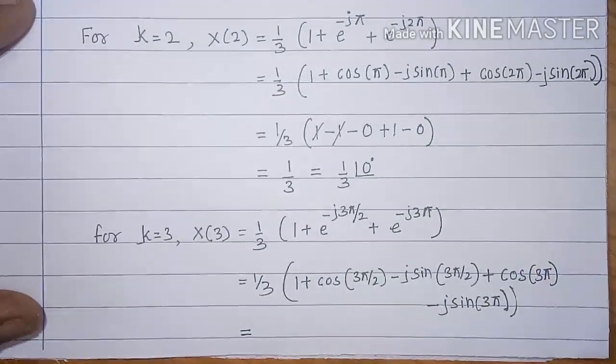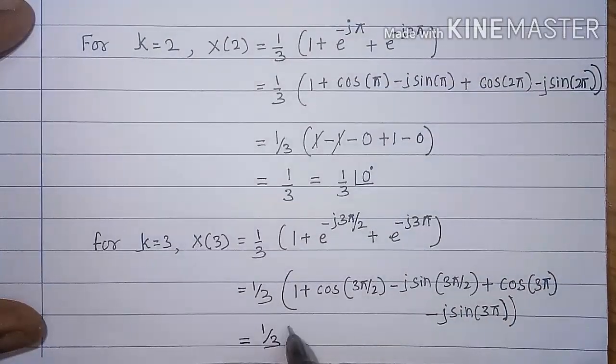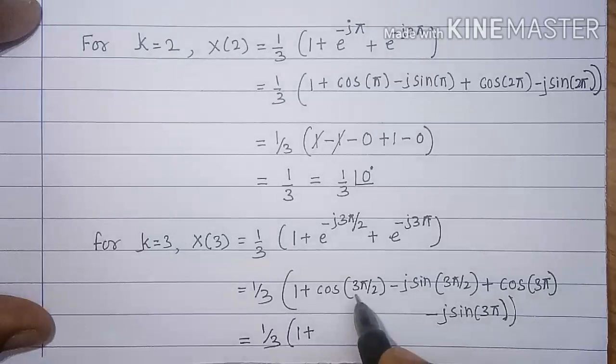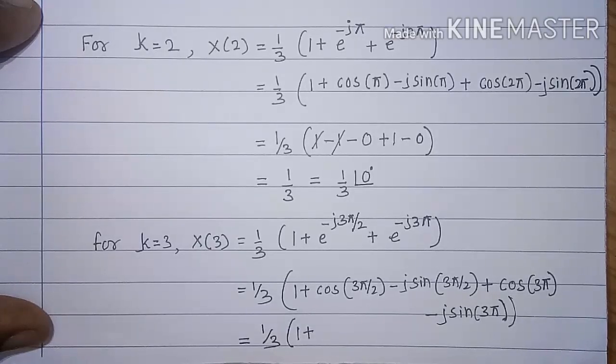That is equal to 1 by 3 into the bracket 1 plus, 3 pi by 2 means 540 by 2, that is 270 degree. Cos of 270 is 0. Sin of 270 is minus 1.